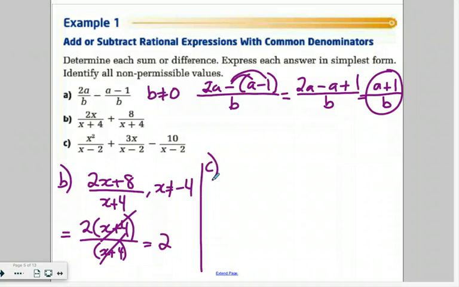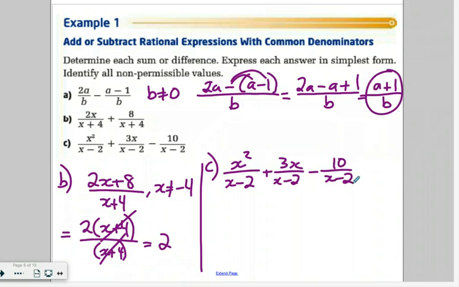Looking at C here, there's 3 terms, but we're still doing the exact same thing. It's 3 with all the same denominator, so I can just do the operations as defined. So what I have here is x squared over x minus 2 plus 3x over x minus 2 minus 10 over x minus 2. All of that can be written as x squared plus 3x minus 10 all over a single denominator of x minus 2.